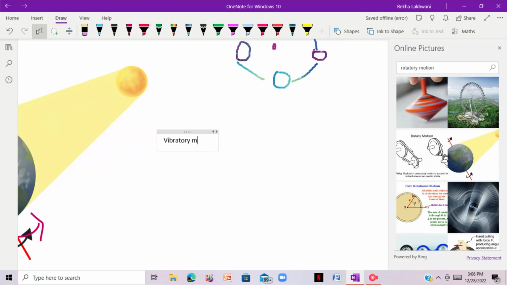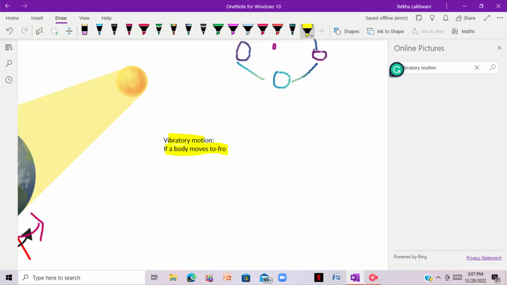Now, vibratory motion. Here is an example of a simple pendulum, but it is also an example of SHM, simple harmonic motion. Let's read the slide again.